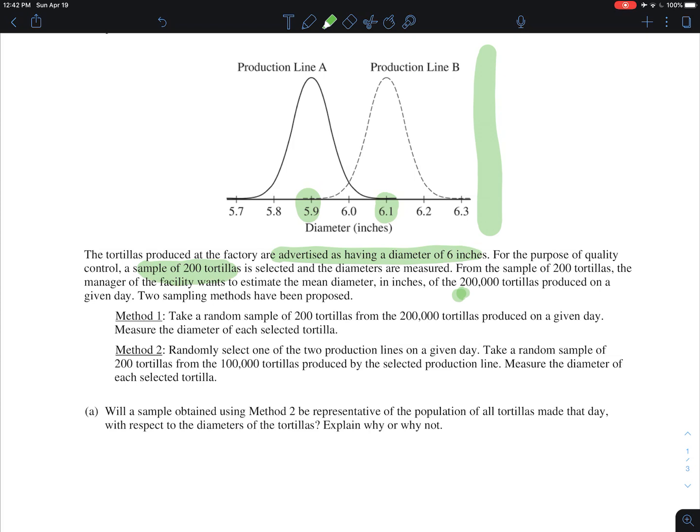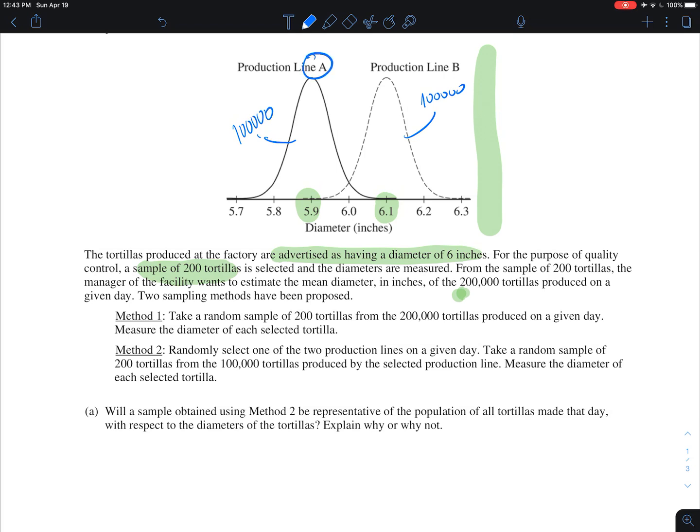Method number 1 is take a random sample of 200 tortillas from the total produced on a given day, meaning there's going to be 100,000 that come from this line, and then 100,000 also come from that line. So take 200 of those and measure all of them. Versus method 2, randomly select one of the two production lines.